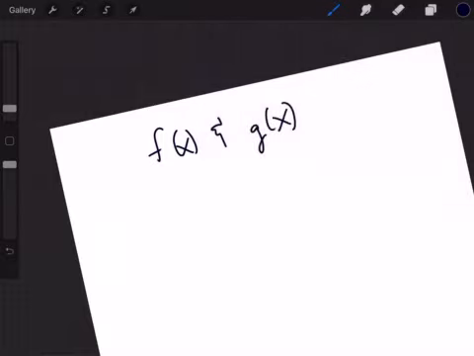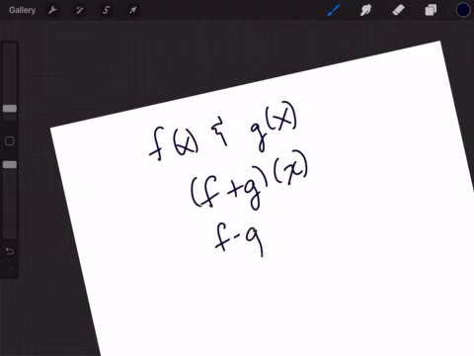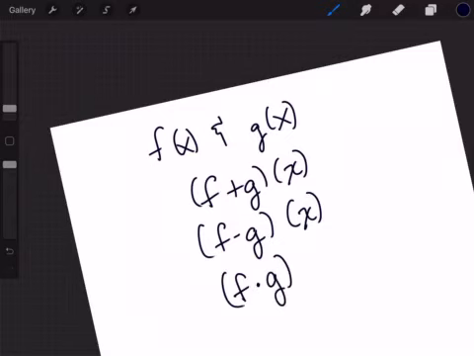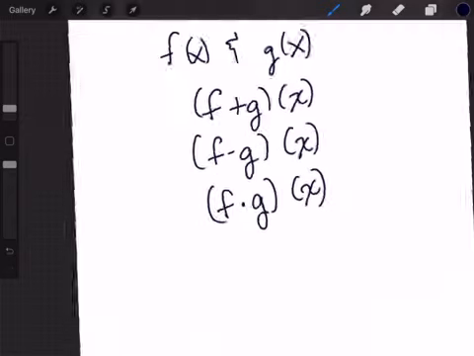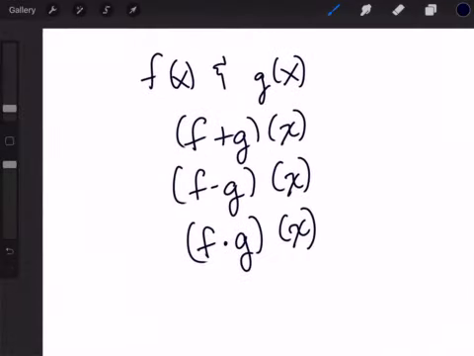And what we were doing is we were either adding them or subtracting them or multiplying them. And when we did that, we created these different transformations, right?